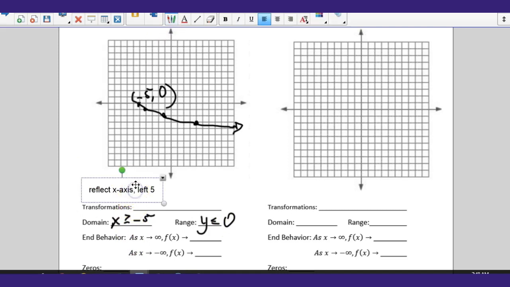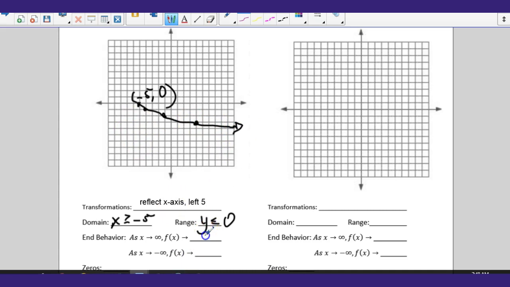Next we have the end behavior. Now, how we list the end behavior is like this. As x goes to positive infinity, or as x goes to the right, where's the graph going? It's going down.